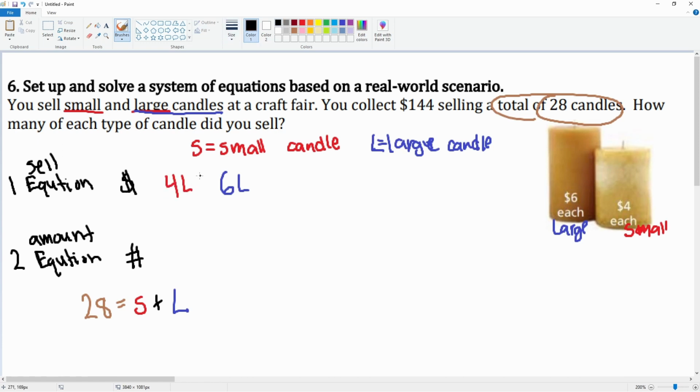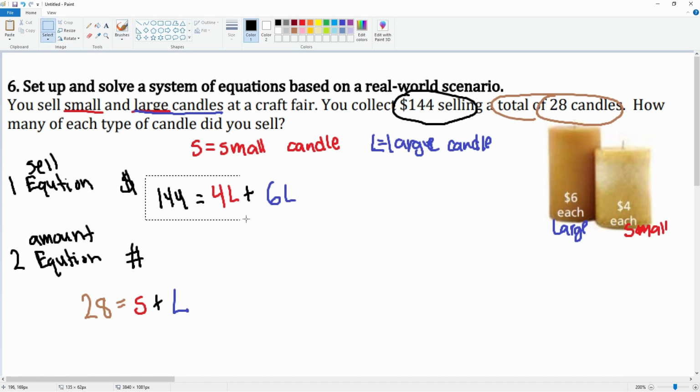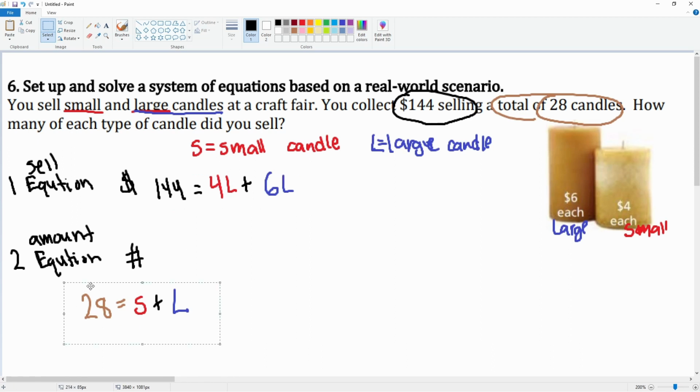We add these together and we sold a total of 144. So this one would be 144 is equal to 4L plus 6L.